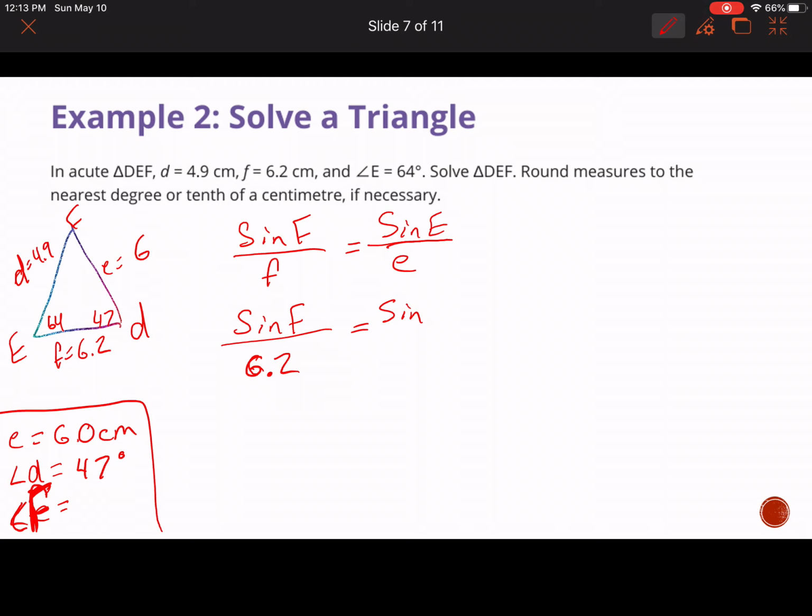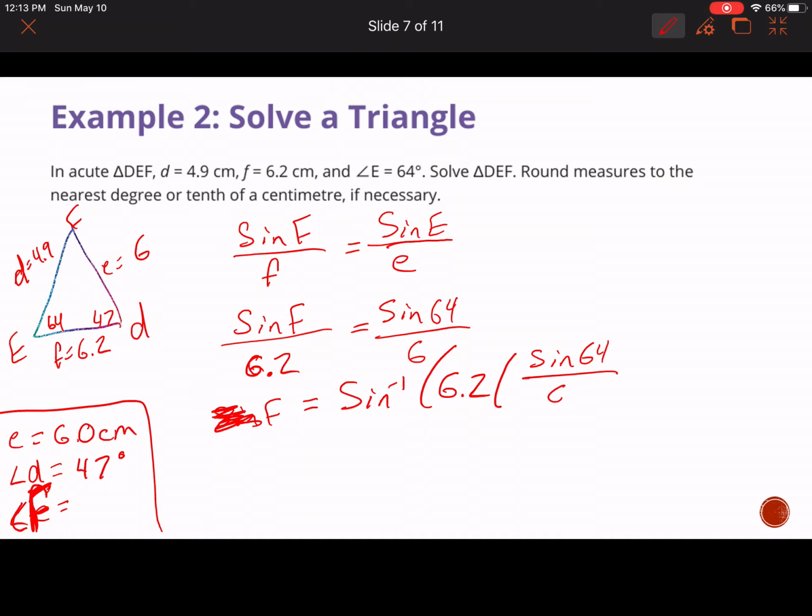So sine of 64 over top of 6. Actually, let's go a little step further. Inverse sine, just doing it all in one step.